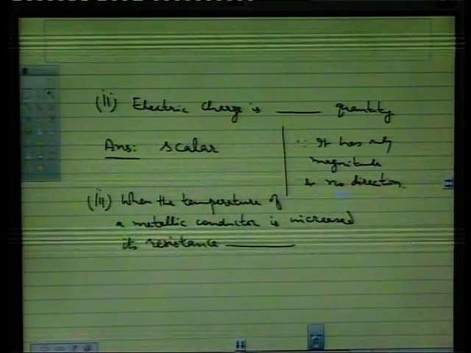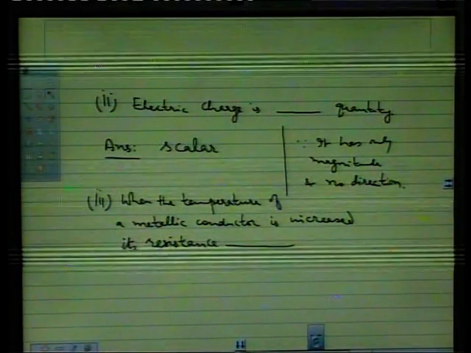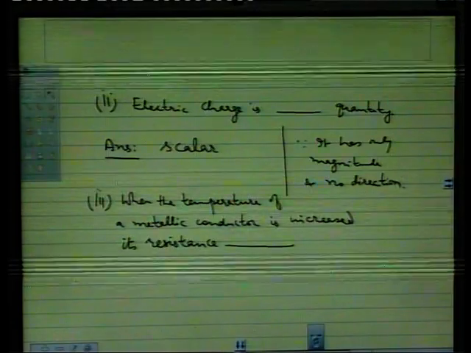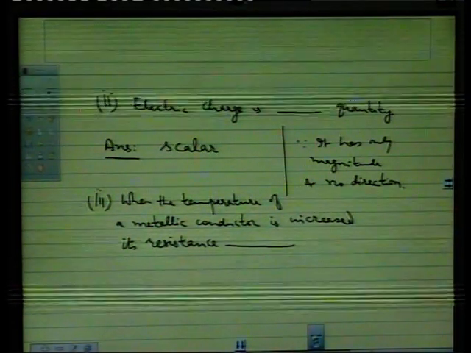When the temperature of a metallic conductor is increased, we are asked whether the resistance will increase, whether it will decrease, or it will remain same.